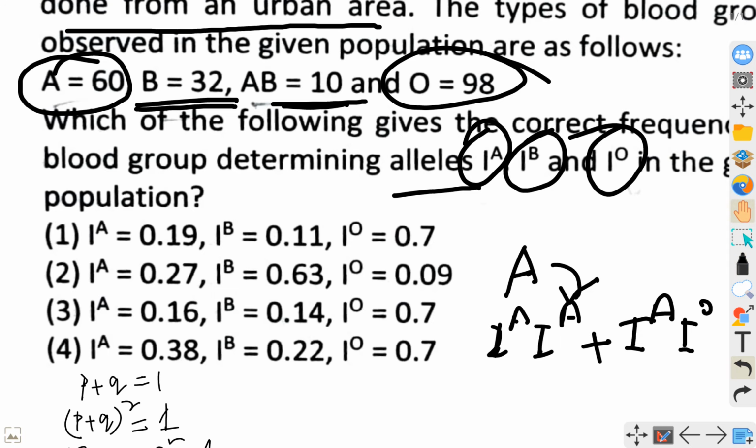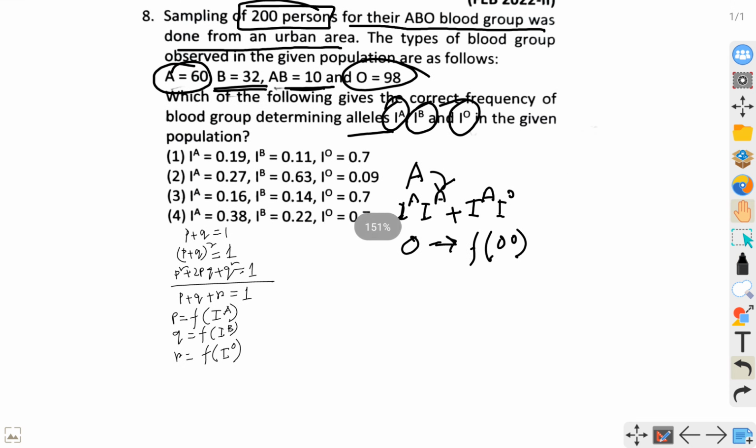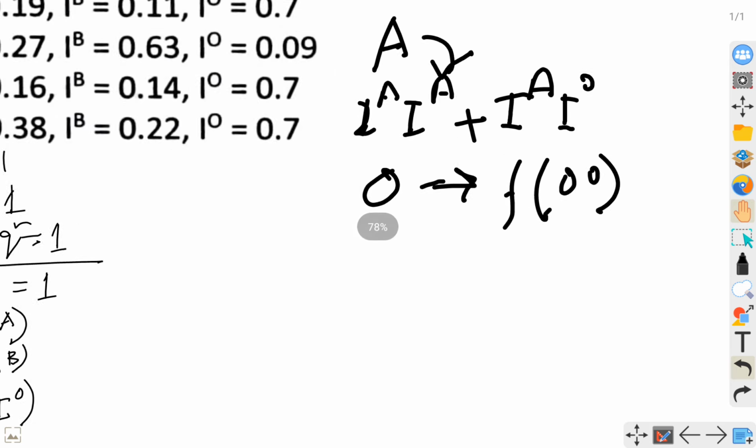But in case of O blood group, there will be the frequency of only the OO genotype. So in this type of question, you can directly get the genotypic frequency of O blood group by calculating the O individuals divided by the total individuals. So we'll do this part.